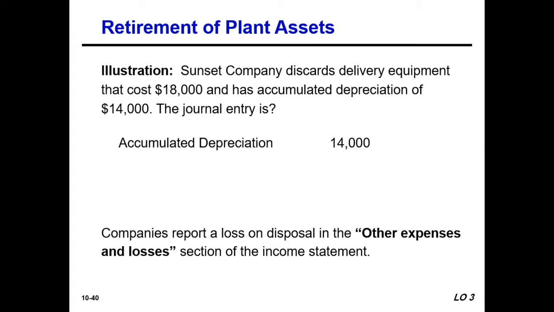Before, we used to credit accumulated depreciation, but when you retire or discard an asset, you close the corresponding accumulated depreciation account by making a debit entry. What will be credit? Credit will be equipment, remember.